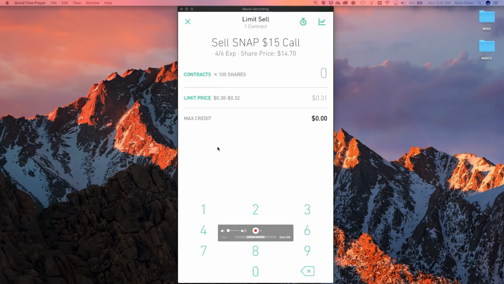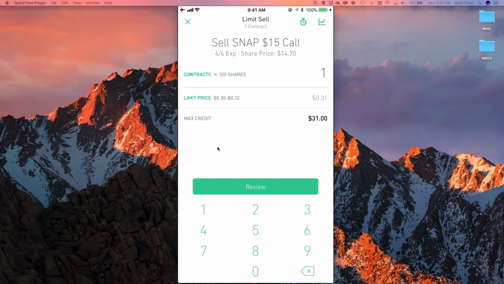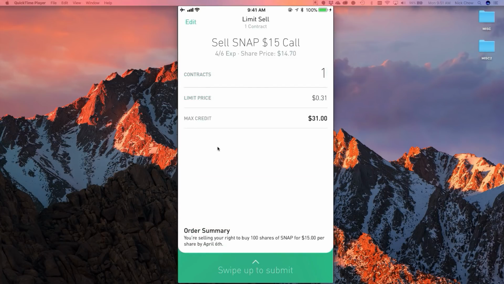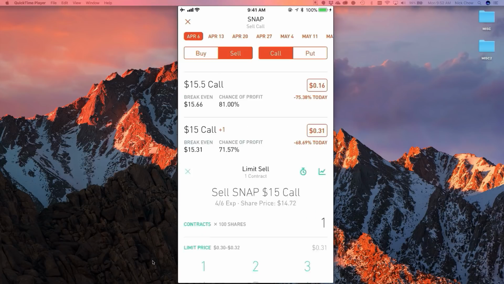It's pretty much the same thing. You can hit review. You're selling your right to buy, basically you're selling your contract. So I'm not going to put the order through. We'll actually see if I can make money on this now that I'm in the trade. But I just wanted to guide you through the basics of buying and selling.